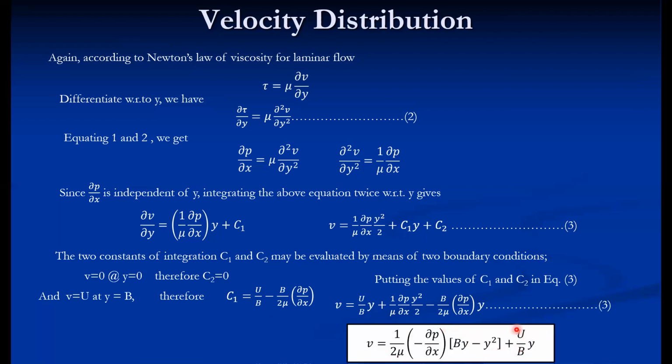Only this term is added in Couette flow, that is when the plate is moving. So here the velocity varies linearly with y.